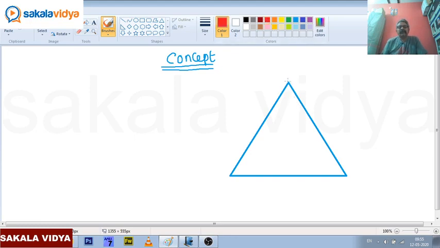Suppose say this is vertex A, this is vertex B and vertex C. For example, A coordinates are x1 comma y1, B coordinates are x2 comma y2, C coordinates are x3 comma y3.